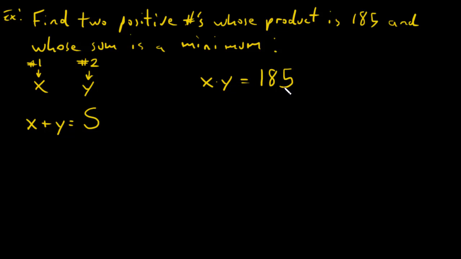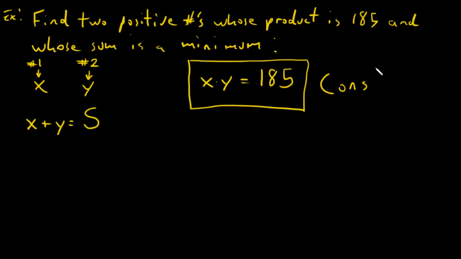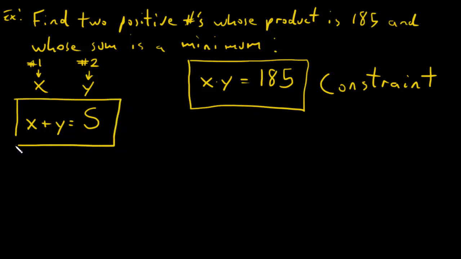The second that I say that, I have now constrained the sum with this equation over here. So this right here, this x times y is equal to 185, has a very special term. This is called a constraint. Okay? So this is the constraint, and this is the expression that we're trying to minimize or maximize. So this is the min/max expression.